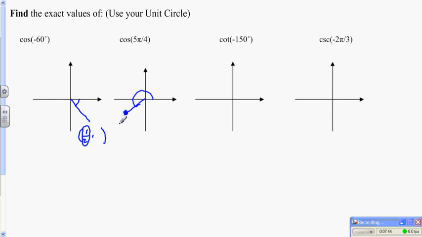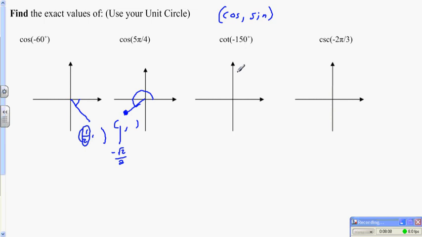On the unit circle, again, your coordinate is cosine and sine. Remember this: cosine is the first value, sine is the second. So cosine of 5 pi over 4 would be negative root 2 over 2.